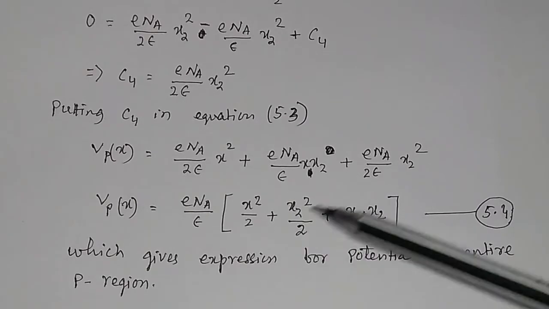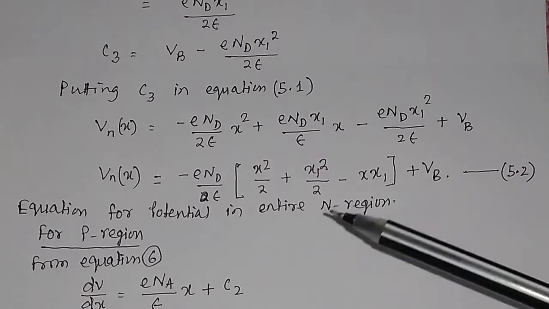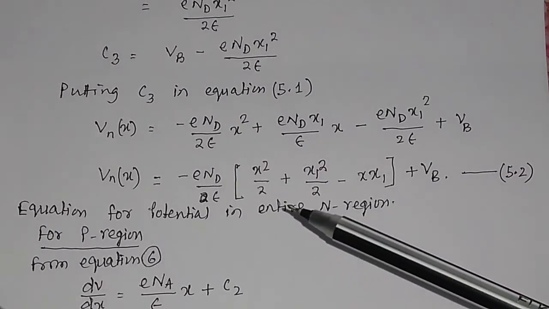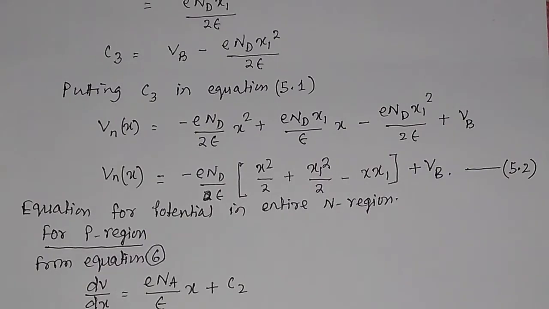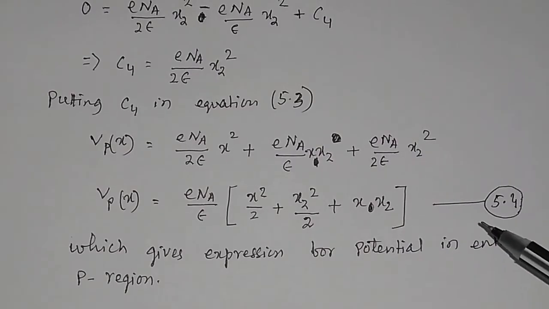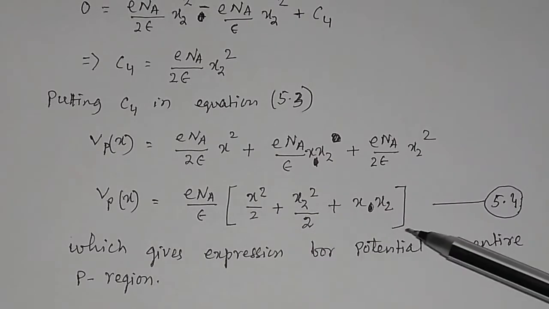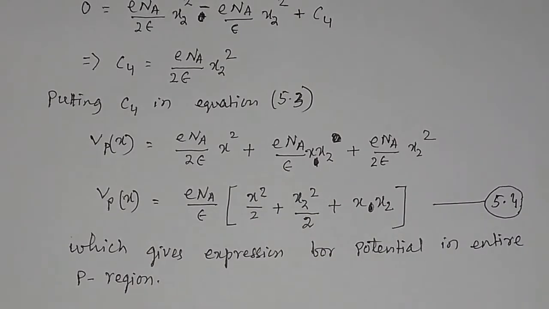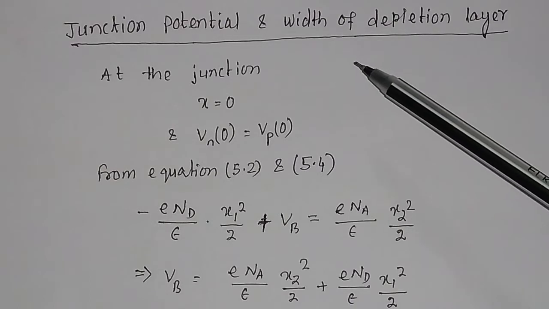So in equation 5.2 we have found the equation for the potential for the entire n region, and in equation 5.4 we have found the equation for the potential for the entire P region. And now we will find the width of the depletion layer at the junction potential.